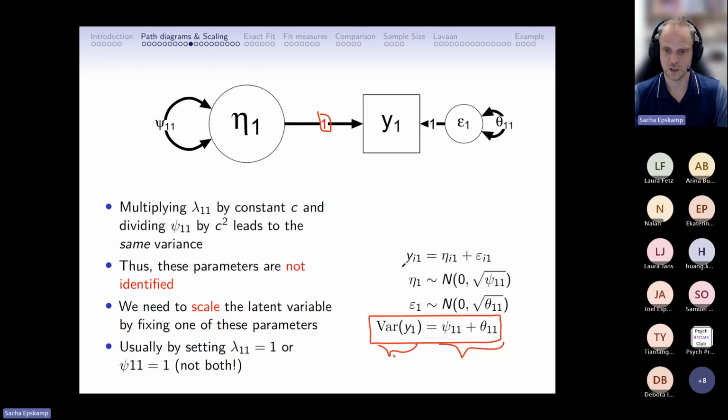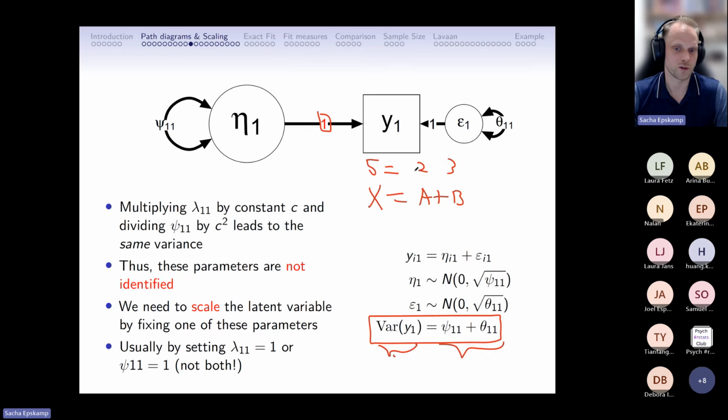So this has the form x equals a plus b, where I know x and I want to estimate a and b. I cannot do that because I can set a to any value and then set b to whatever I need. If x is 5, for example, I can arbitrarily set a is 1 and b is 4, or a is 2 and b is 3.